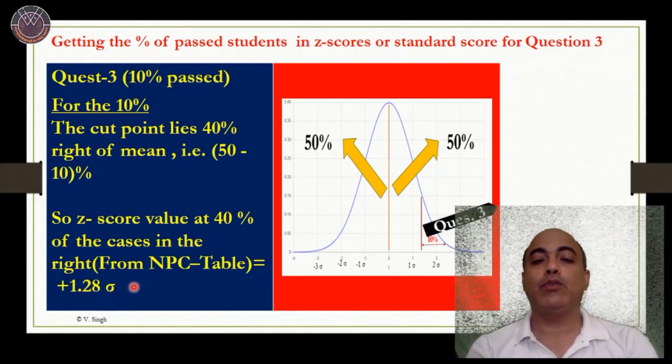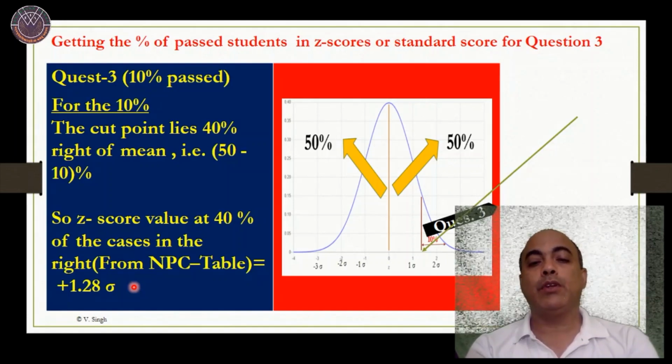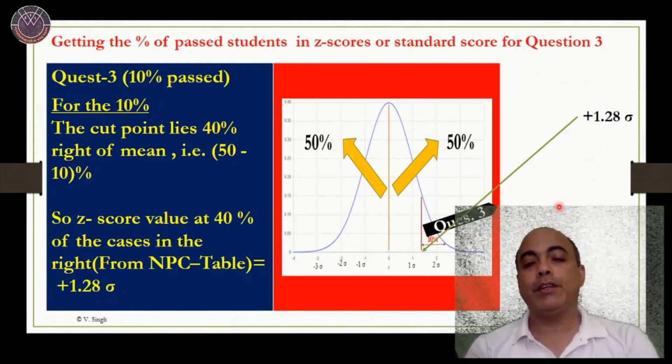This is question number 3, and this point is positive 1.28 sigma.